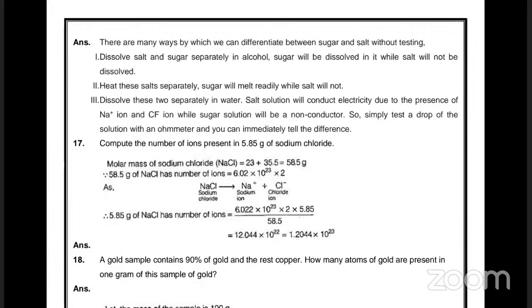As I said, there are many methods by which we can differentiate between sugar and salt without testing.